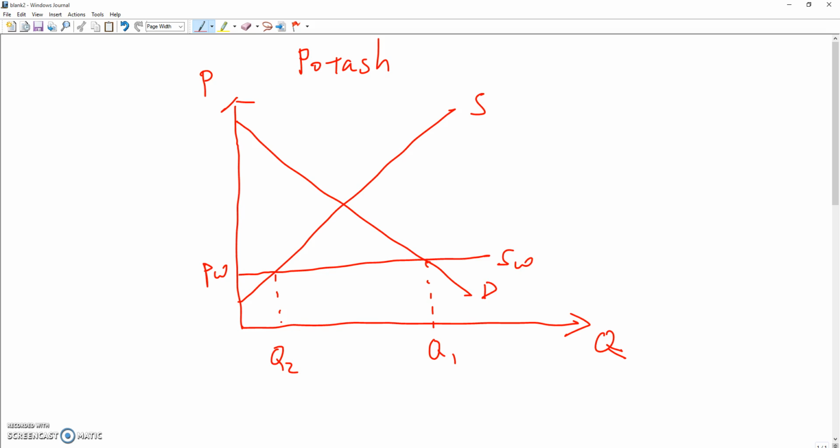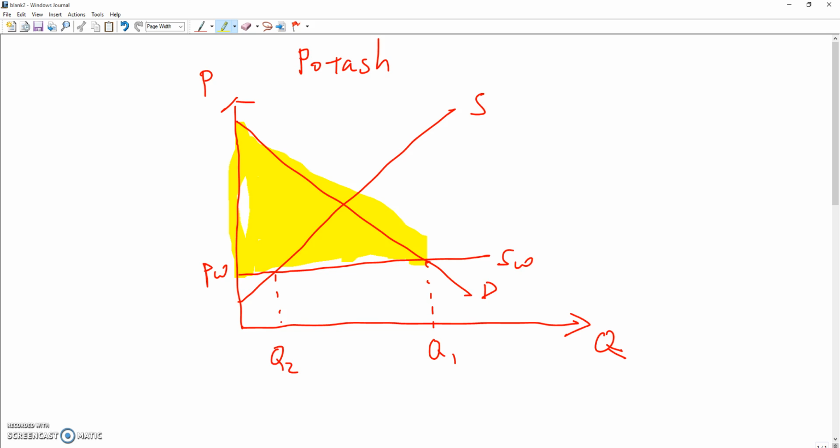And where is my consumer surplus right now? My consumer surplus is this triangle. Why? Because to get consumer surplus, it is a simple thing: to the left of quantity consumed, above your price, below your demand curve.